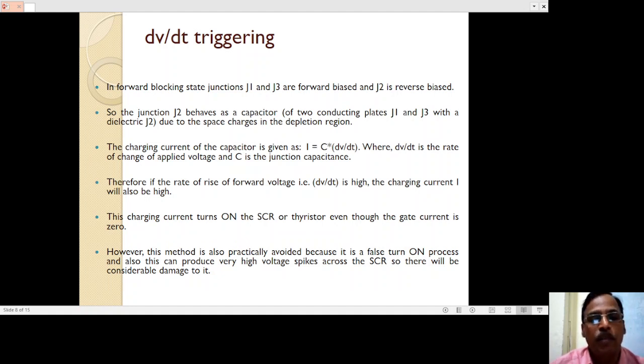Therefore, if the rate of rise of forward voltage, dV by dt, means a sudden rise of voltage, is high, the charging current will be high. This charging current turns on the SCR, and the thyristor will start conducting even though there is no gate current.